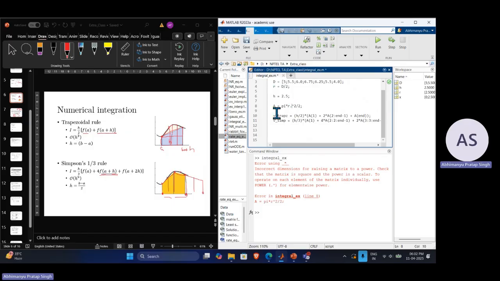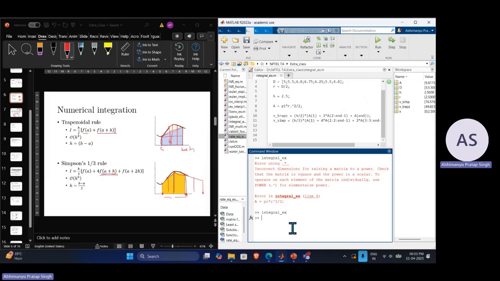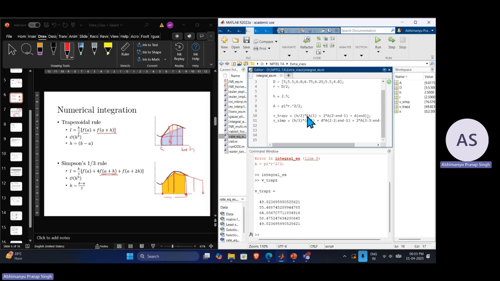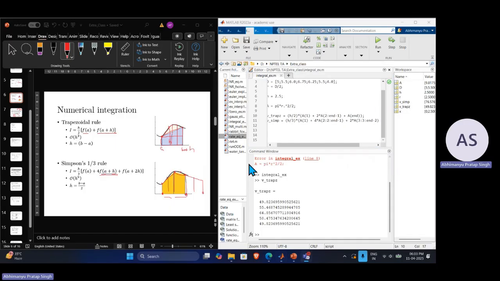Okay, yeah. So R is a vector. So this power should be an element-wise operation, right? Why am I getting a vector over here?